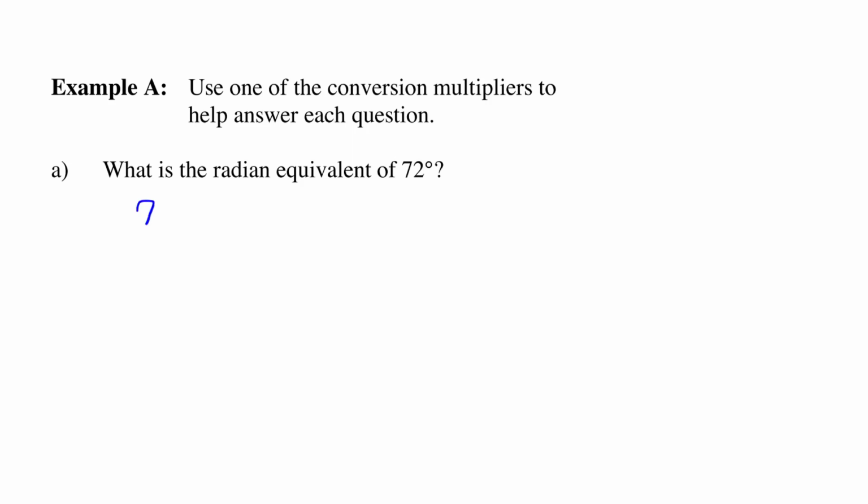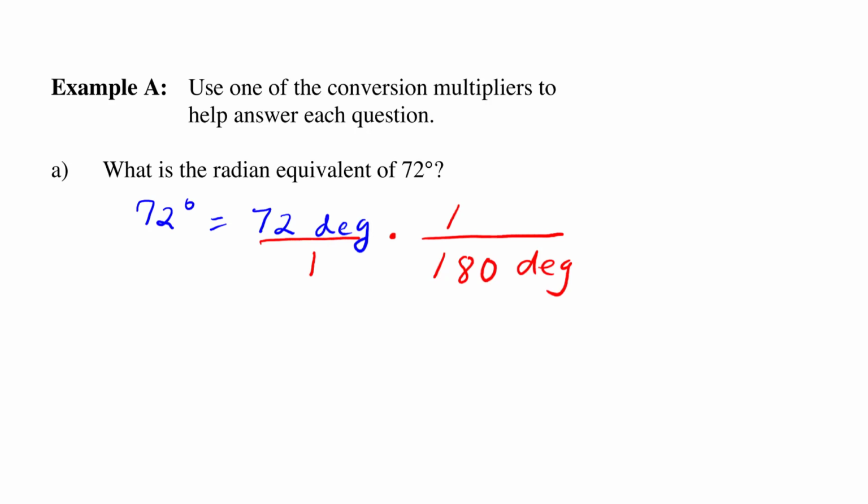Here we're asked to find the equivalent of 72 degrees in radians. So I'm going to start by writing that as 72 degrees, and I'm going to make it into a fraction because I want to multiply by one of those conversion ratios, and I want to divide out the degrees, which is 180 degrees in the denominator and pi radians on top. You see how the degrees cancel?